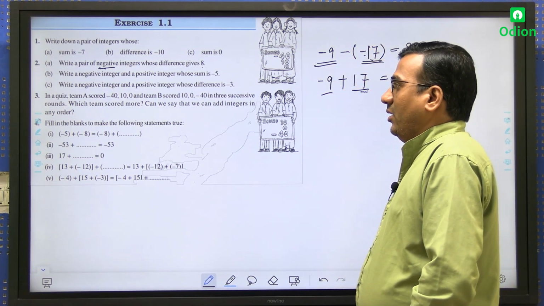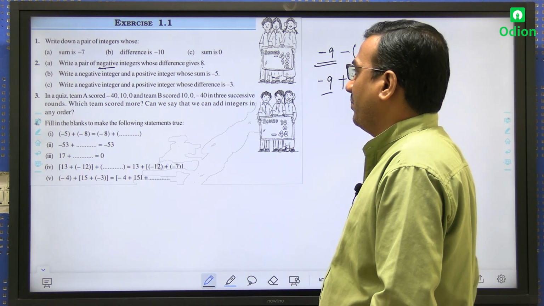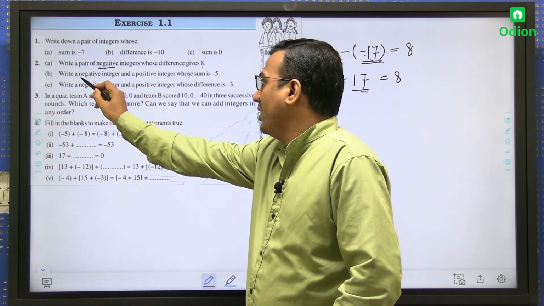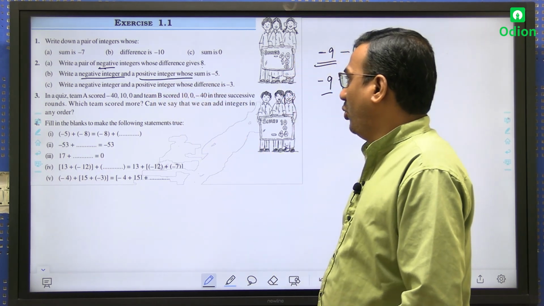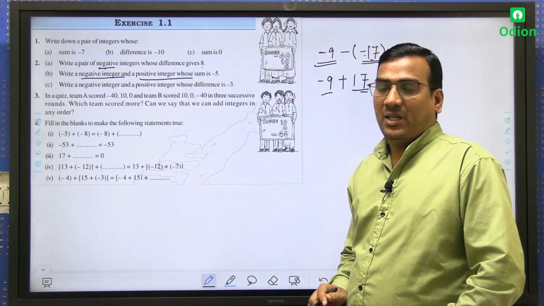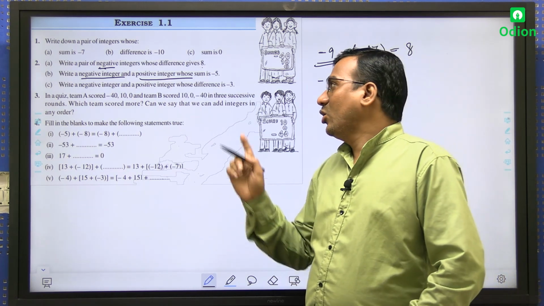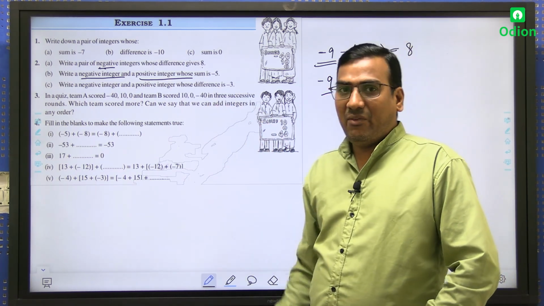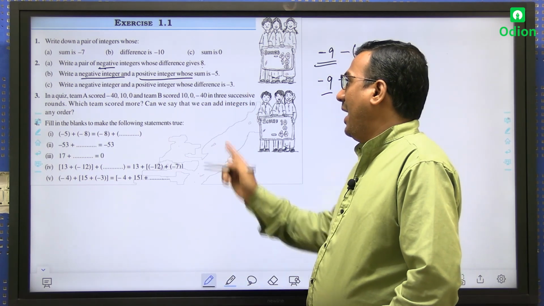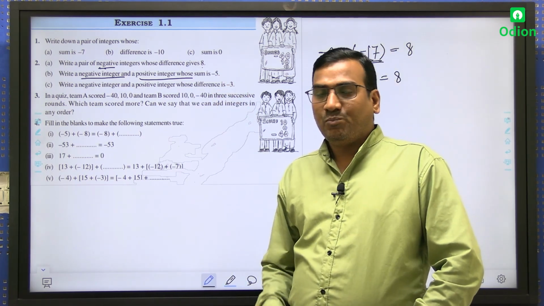Then go for point number B. Write a negative integer and a positive integer whose sum is minus 5. It is so easy, students, to get these two numbers. If it is asked about a negative integer and a positive integer and the sum is minus 5, then follow one trick.